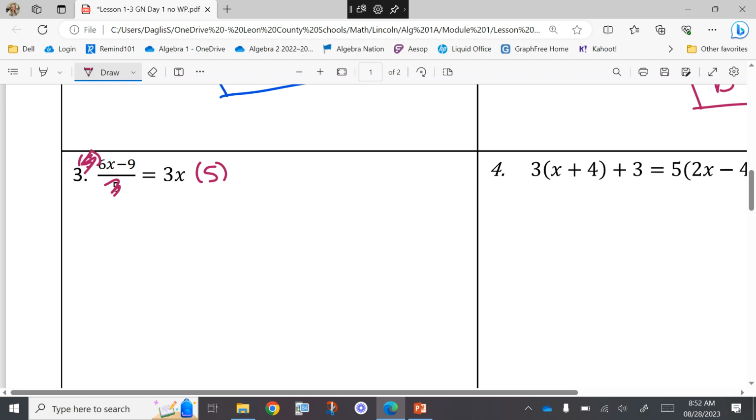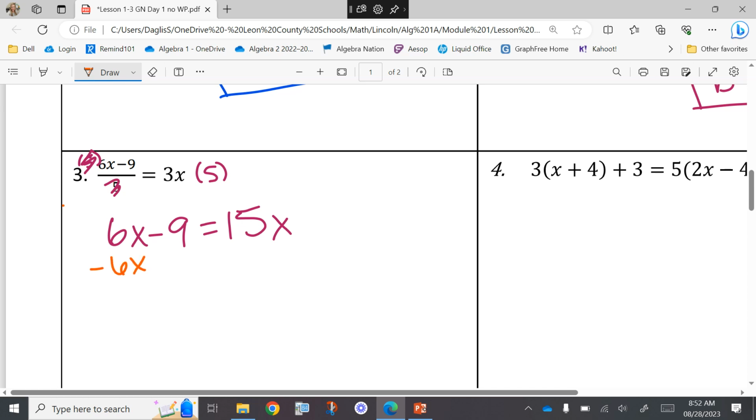But 6x minus 9 is still here. But now we're equal to what? 15. So you get 15x. So 3 times 5 is 15, and then the x is still there. What would you like to do? Subtract the 6x, okay.